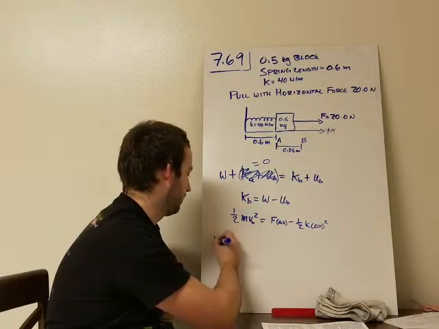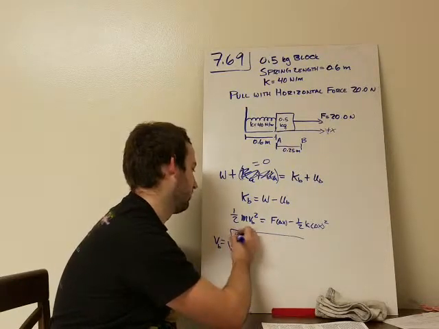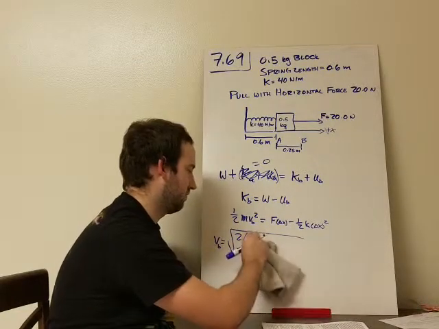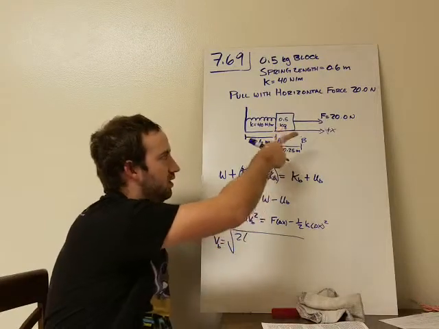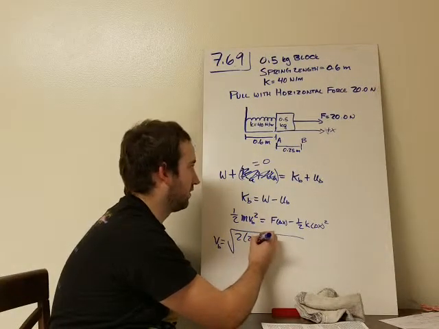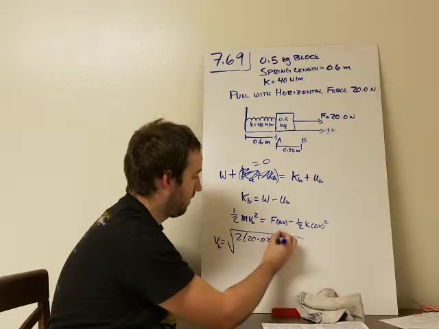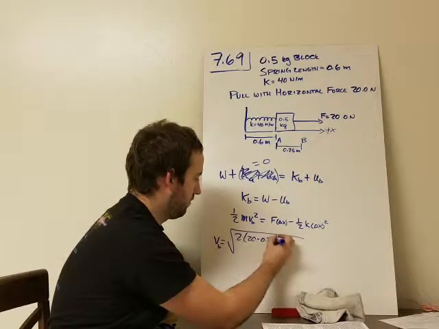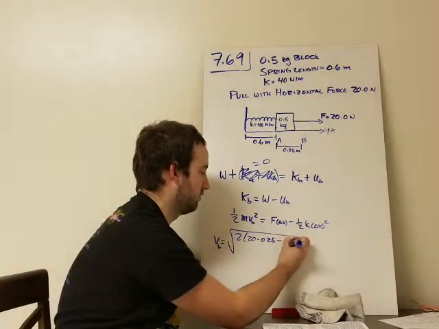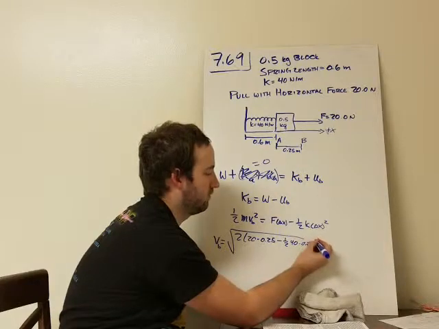Now we can solve for this velocity. So v at point B equals the square root of 2 times F, and I'll put in the actual values as I do this: 20 times delta x, which is 0.25, minus 1/2 times k, which was given to us as 40 newtons per meter, times 0.25 squared.